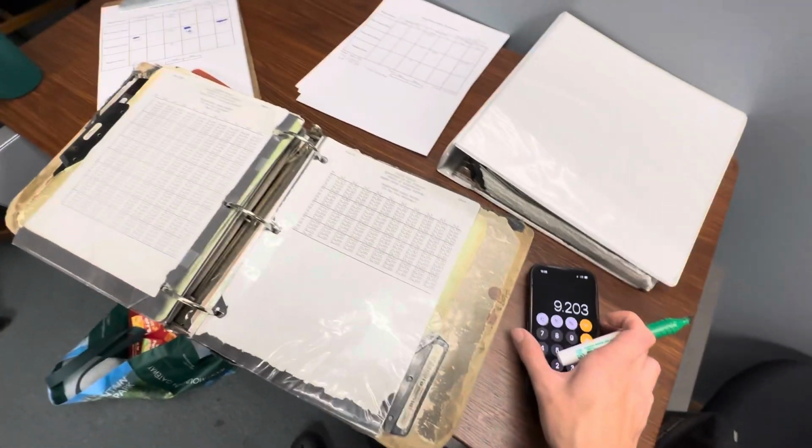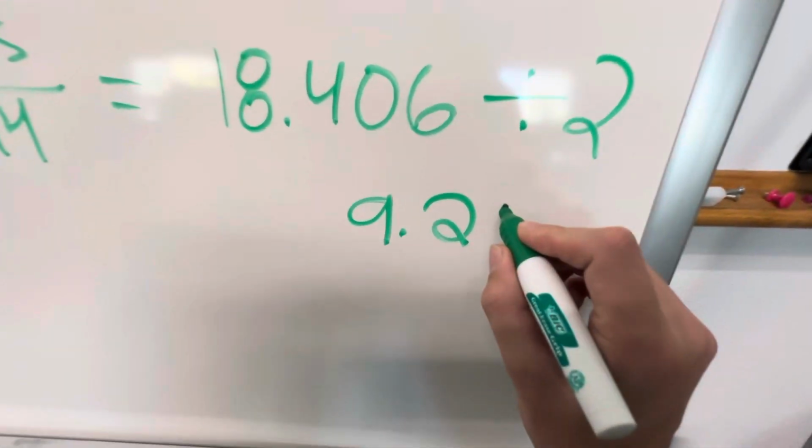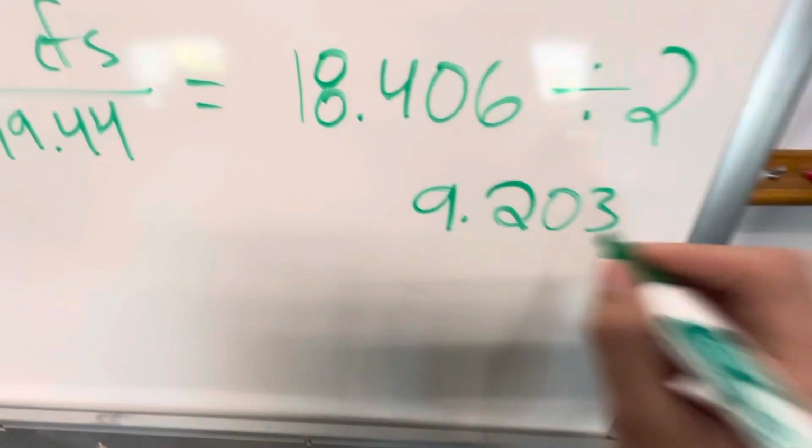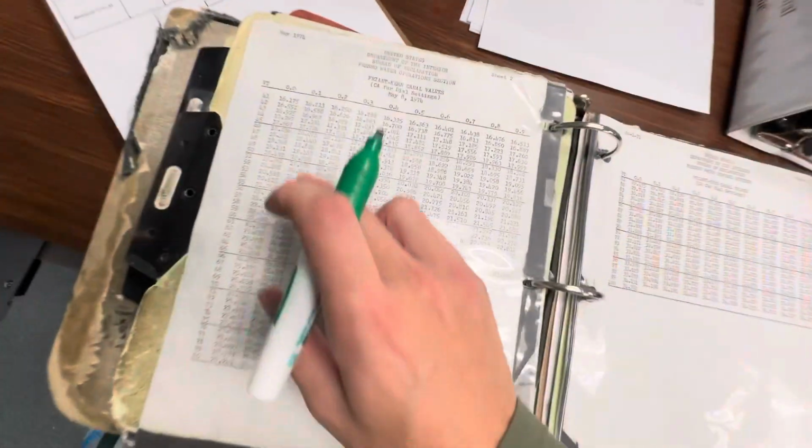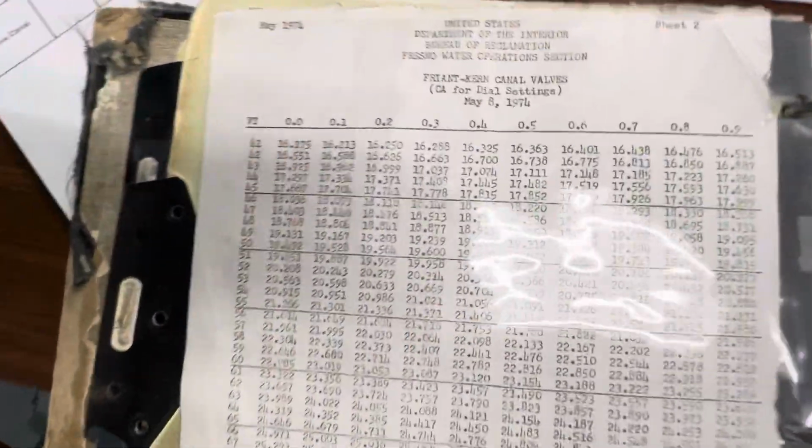Ha, I was multiplying. Okay, 9.203 per valve. And we'll look now for 9.203 in the middle.